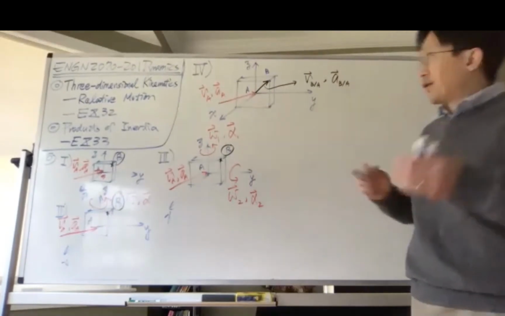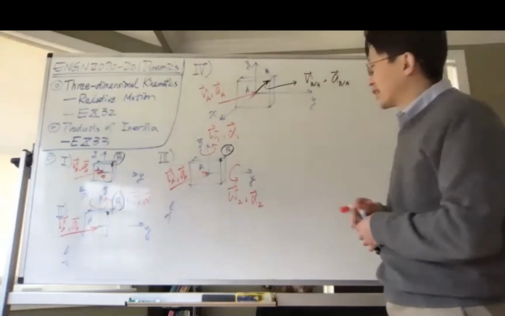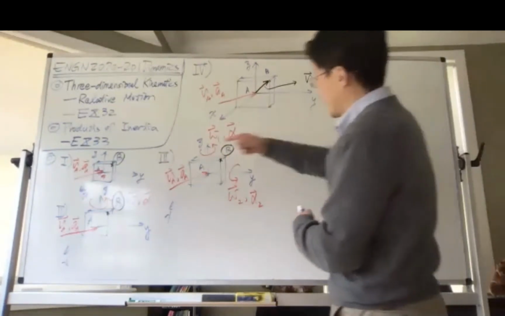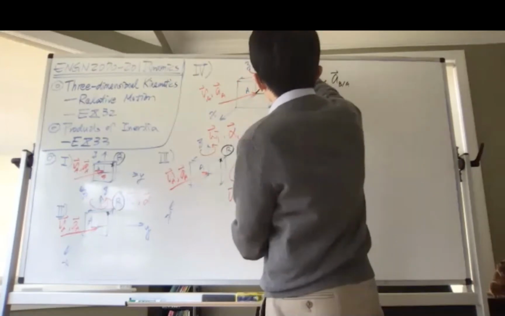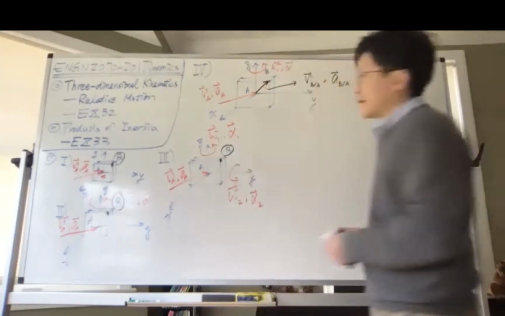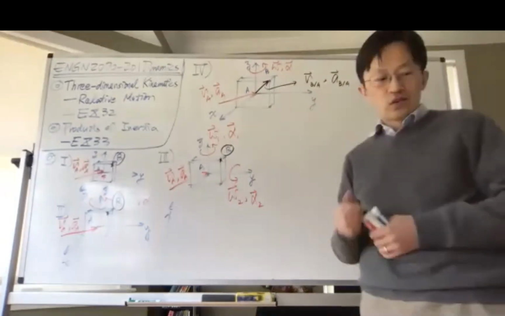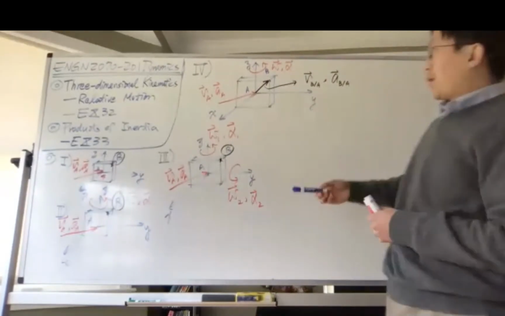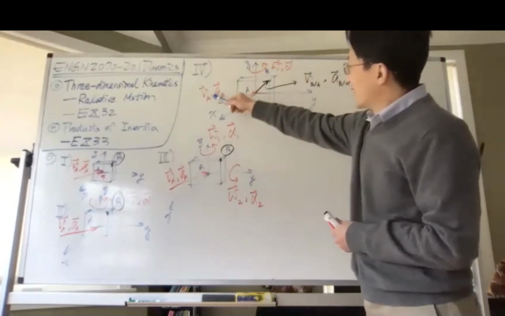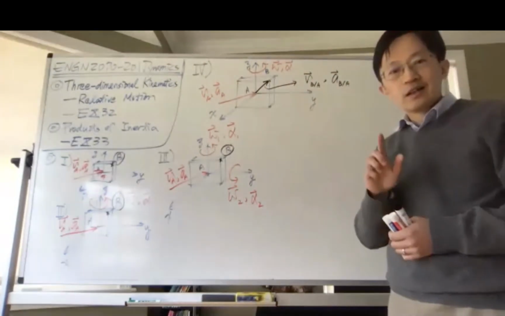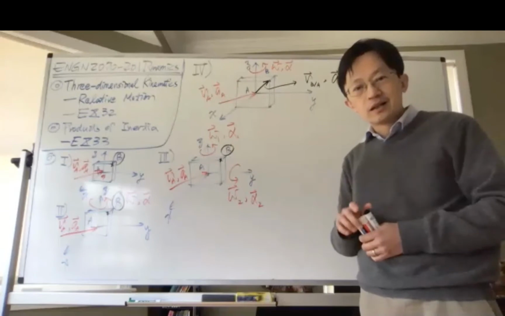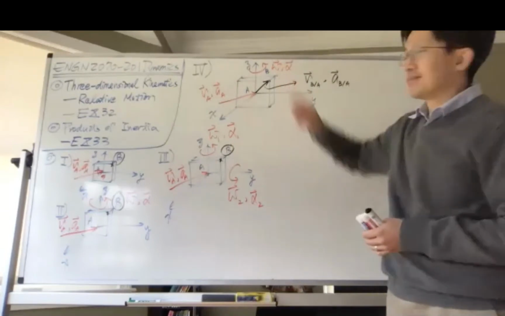Okay? Now, what's the formulation? We don't have to consider these two, we just consider one first. So let's say that there's an omega here, and an angular acceleration here. Now, with these, how do we find the linear velocity and linear acceleration at point B?